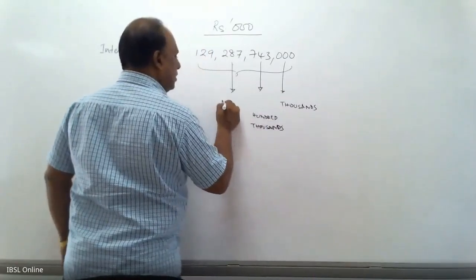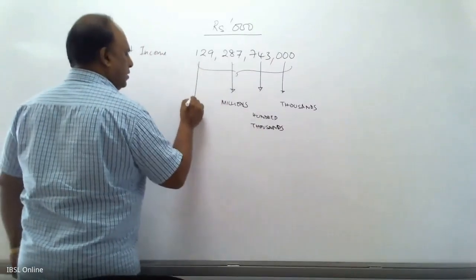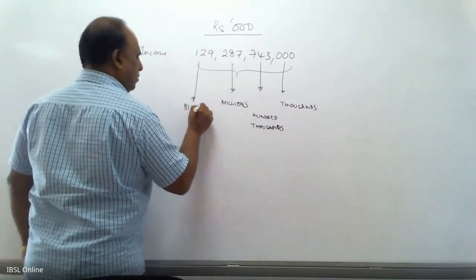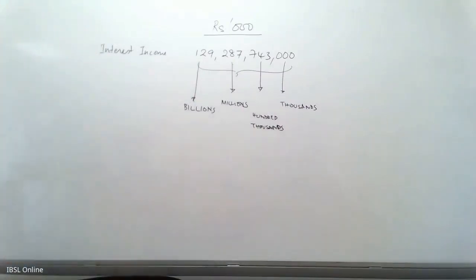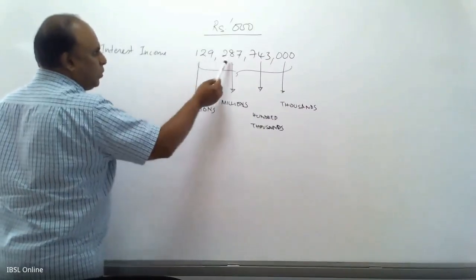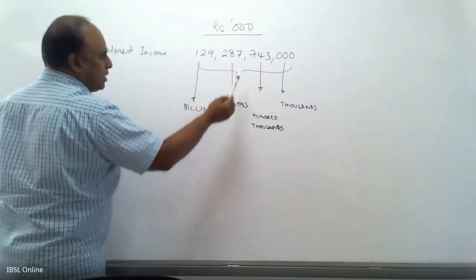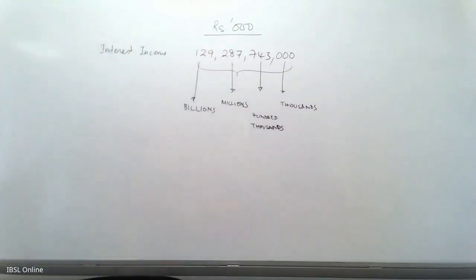This is millions, and this is billions. You see? So basically, the interest income is 129 billion, 287 million, 743,000. That is how you read this.